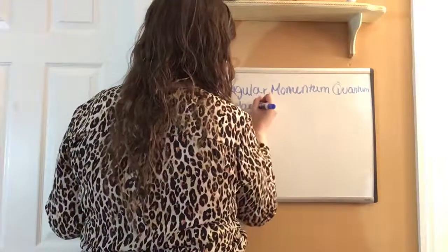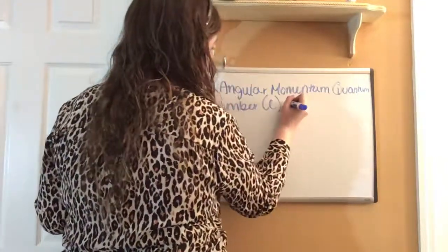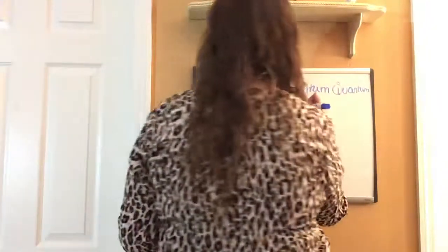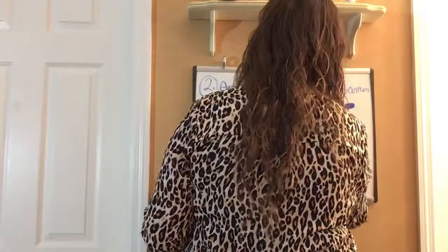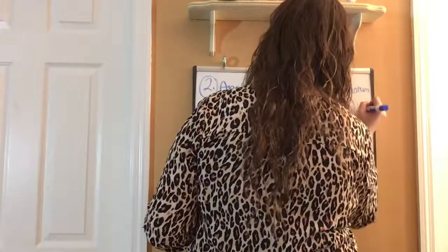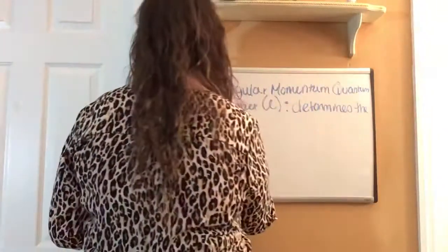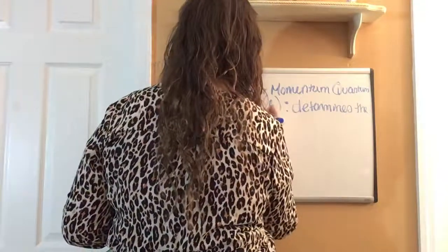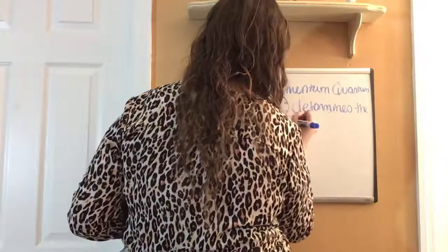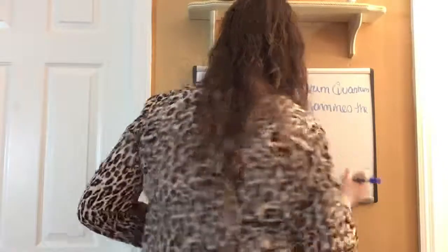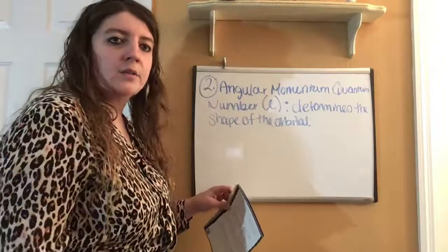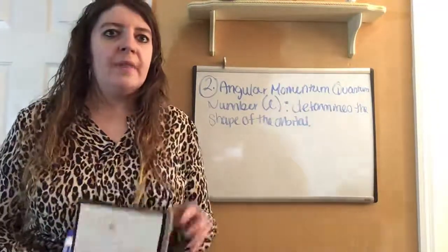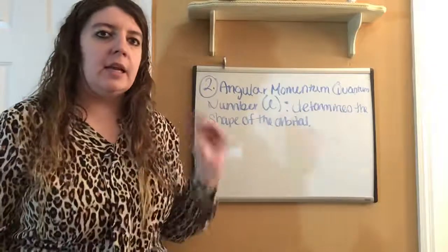And this is given the letter L. So, it determines the shape of the orbital. Okay? So, is it going to be an S or P or D or F? And that is what we will discuss probably in the next portion of this video.